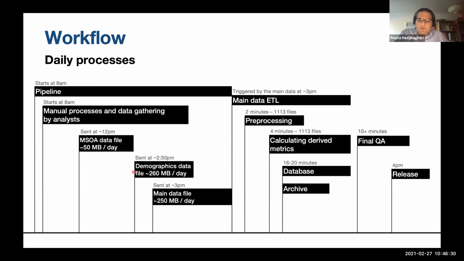These other two are supplied and processed separately, but the main data file, when it is available, triggers this process. So there is some pre-processing done, then we do some calculations that take about 4 or 5 minutes, and then we start the process of deploying the data to the database and to our archives. So that takes about 16 to 20 minutes.